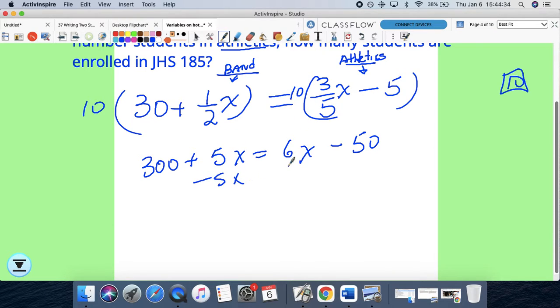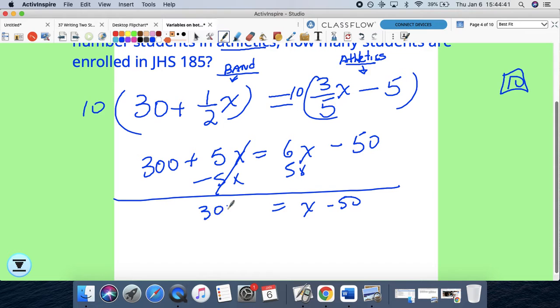Variables on both sides. This goes away. I'm left with x minus 50, and then over here I'm left with 300. Add 50 to both sides, and x equals 350.